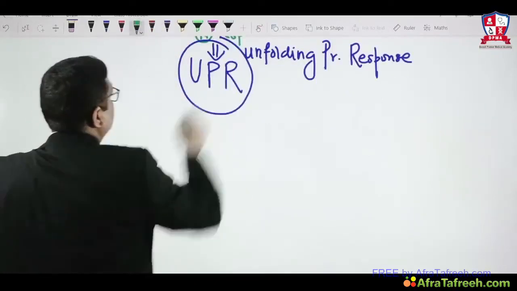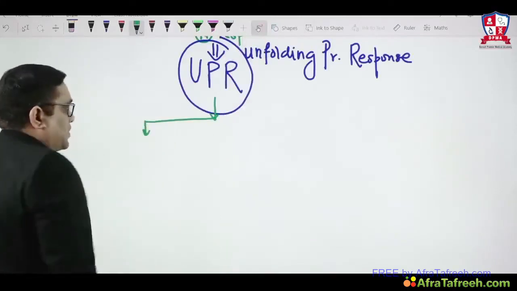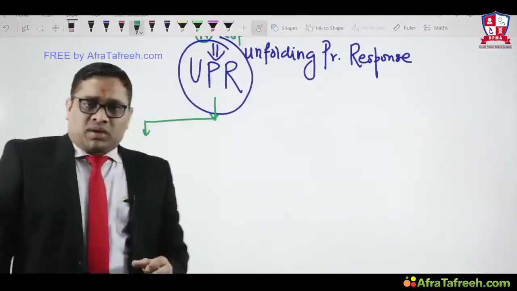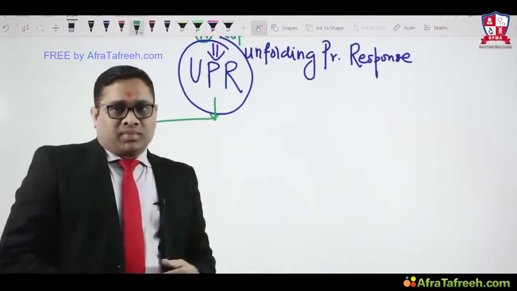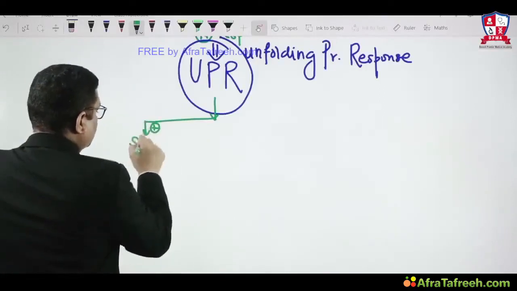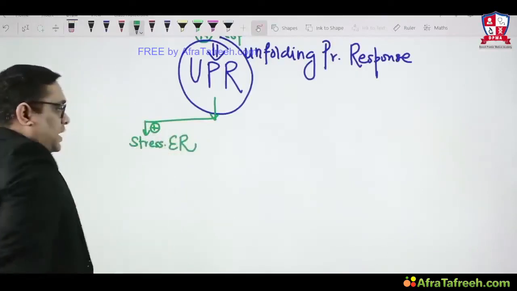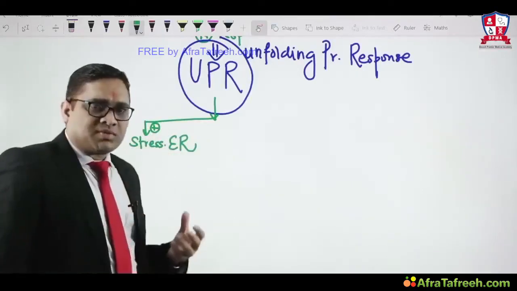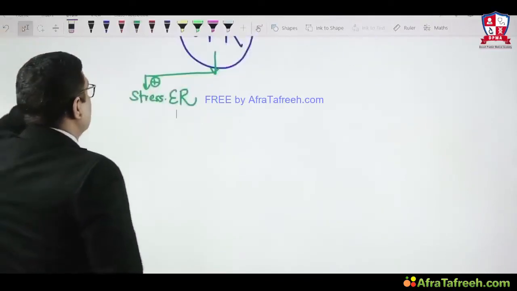In this unfolded protein response, number one, because of the misfolding of the protein, there will be stress on the endoplasmic reticulum, right? And whenever the endoplasmic reticulum is stressed because of excessive misfolding of the protein, they will start synthesizing chaperones.